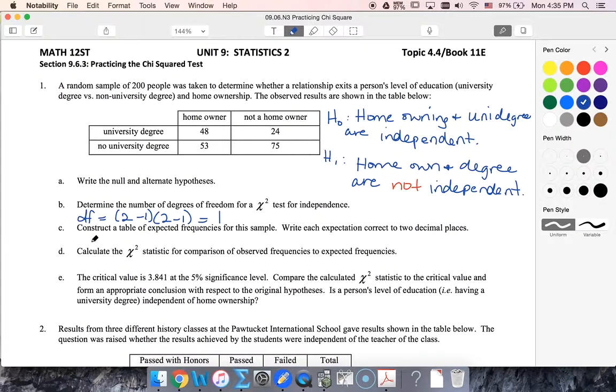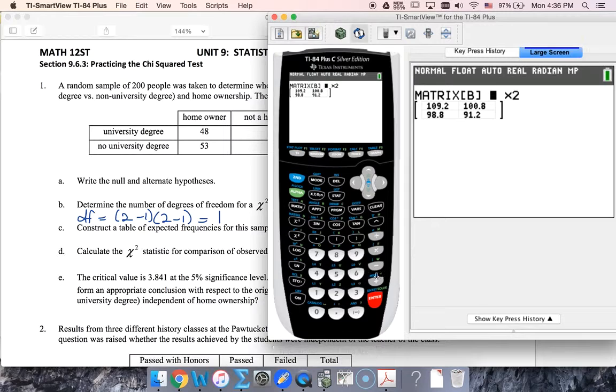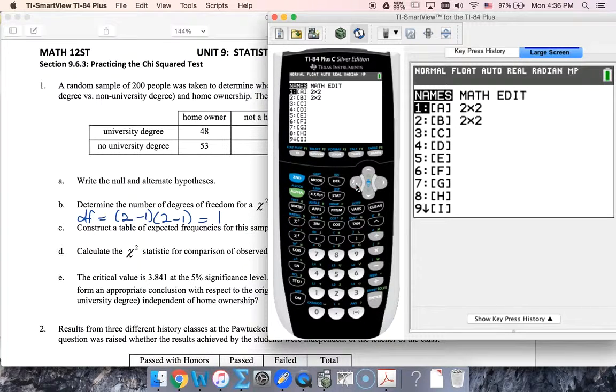The other thing I can get from my calculator are both of these values, my expected frequencies and my chi-squared statistic. So I'm going to go into my calculator, and actually, let's just put that back at 2. So I'm going to quit out of there. I'm going to go into matrix, and I'm going to edit.